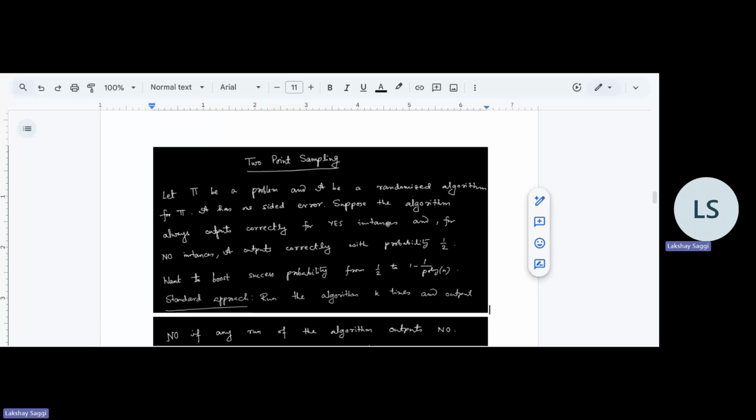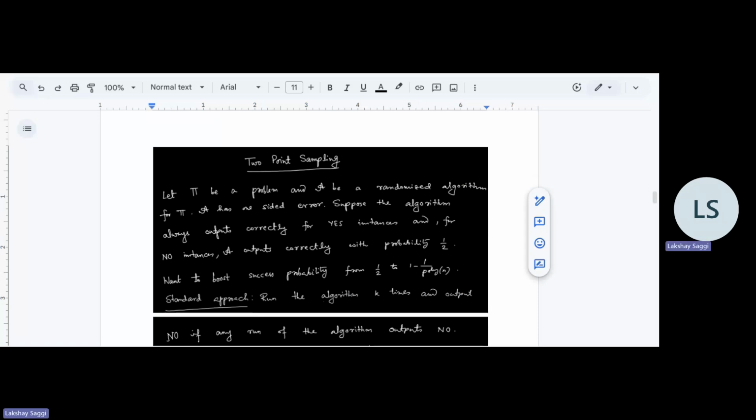That is, if the algorithm outputs yes, then the instance is actually a yes instance. And if the algorithm outputs no, then the algorithm is correct with probability just half. So what can happen is, if the instance was yes, then the algorithm was correct. But if the instance was no, then the algorithm can sometimes output yes, and sometimes output no.